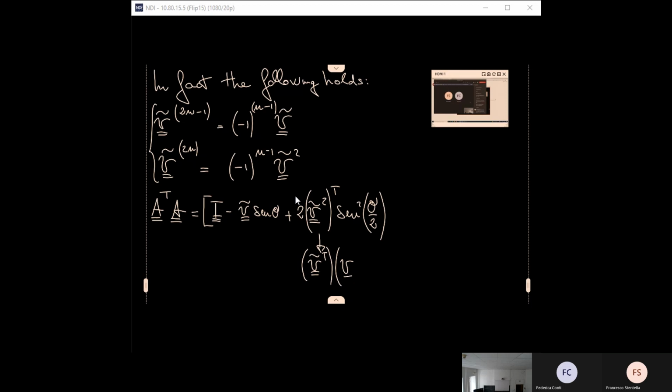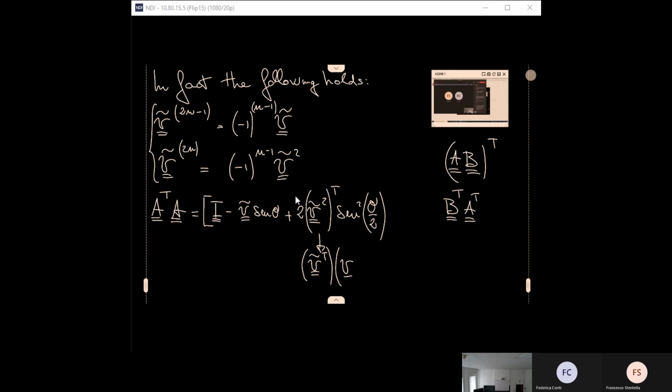For those of you who don't know that, these are 2 matrices, and you do the transpose. This is nothing other than B, so you have to reverse the order: B transpose applied over A transpose.